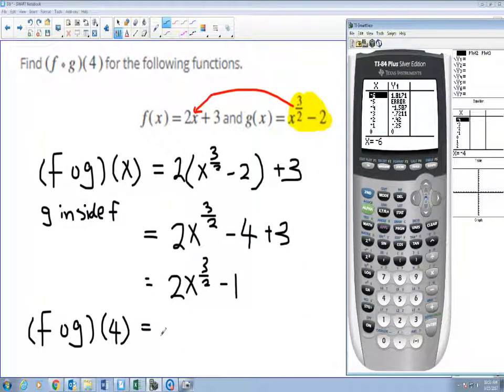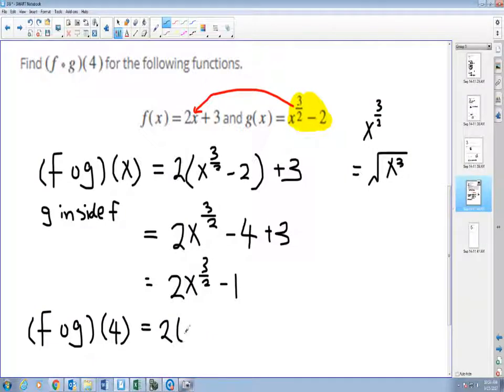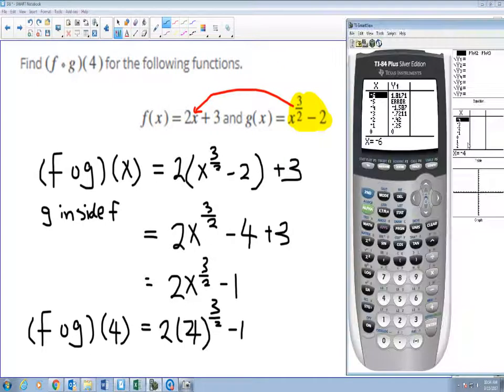Okay, so I'm going to write it out one time. 2 times 4, x is 4 to the 3/2 power, minus 1. Two times 4, close parenthesis, raised to the parenthesis again for the division, 3/2, then minus 1.